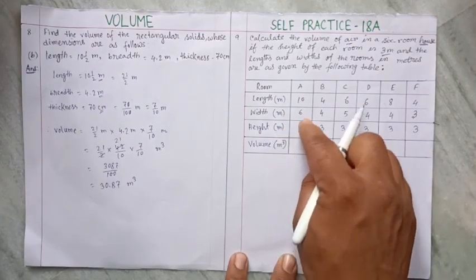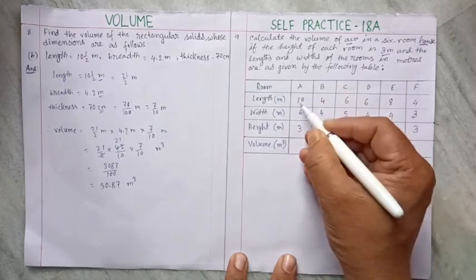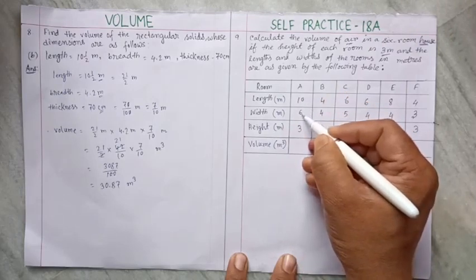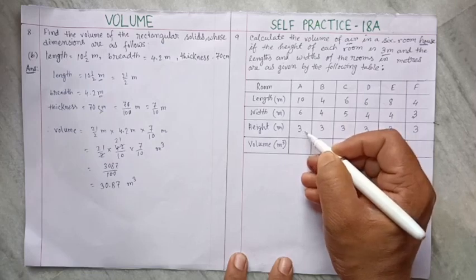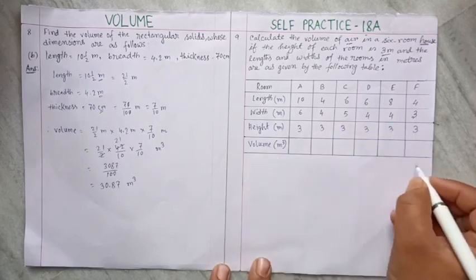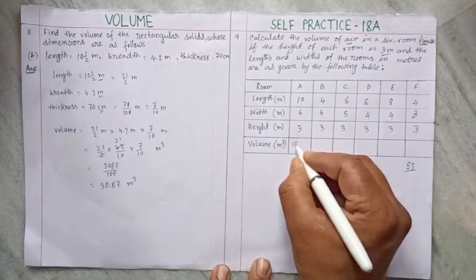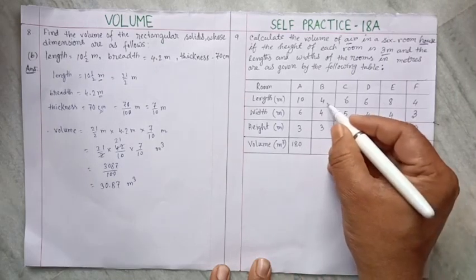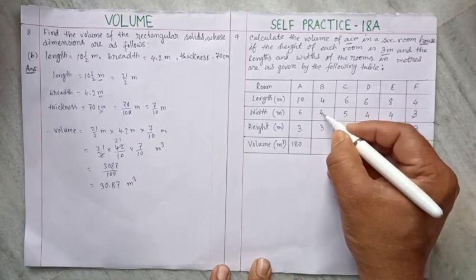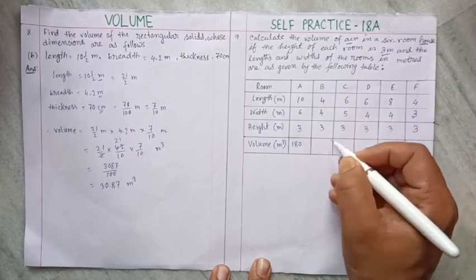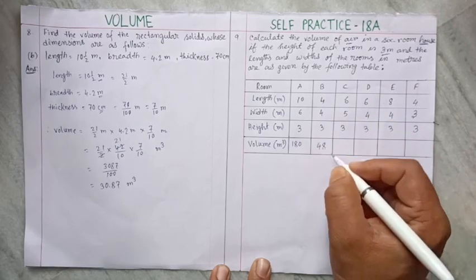So what will be the volume? You have to multiply. So here 10 into 6 is 60, 60 and 3. Do the multiplication. So 180 meter cube. Next, 4 into 4, 16, 16 into 3, 48. Is it clear?